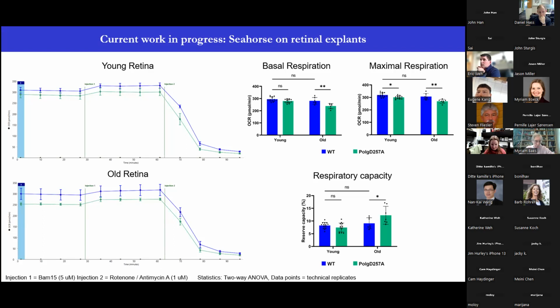This could indicate that they have the capacity to perform oxidative phosphorylation, but the disruption of the electron transport chain proteins or something like that is making it so they cannot consume the oxygen.